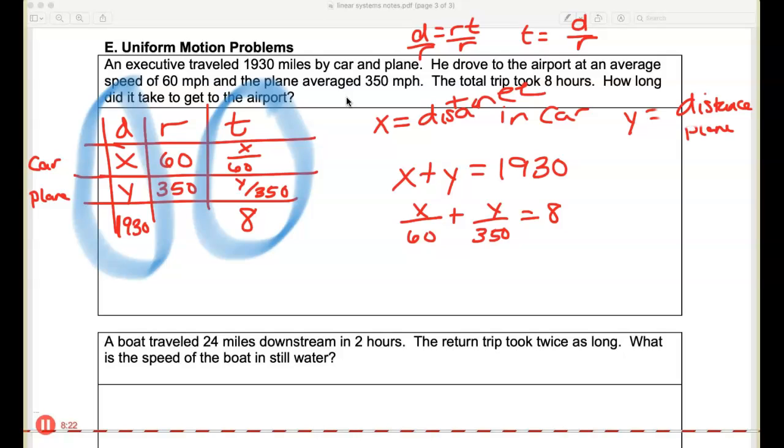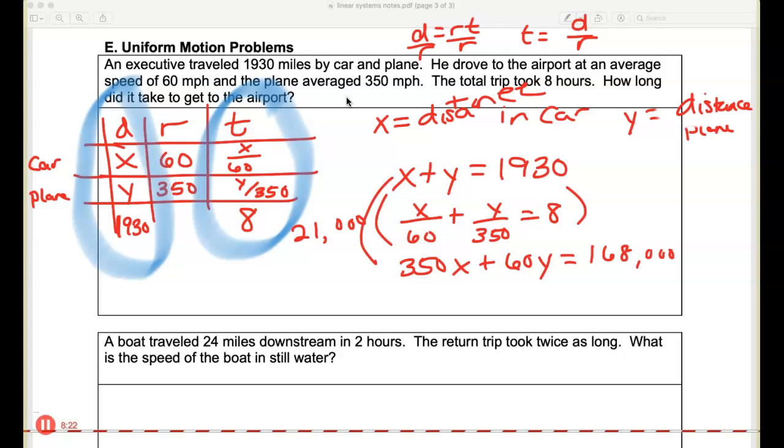And let's see, if I multiply everything in line 2 by 21,000, then I get 350x plus 60y equals, times 8, is 168,000, right? Now I can bring this down, so x plus y is equal to 1,930.